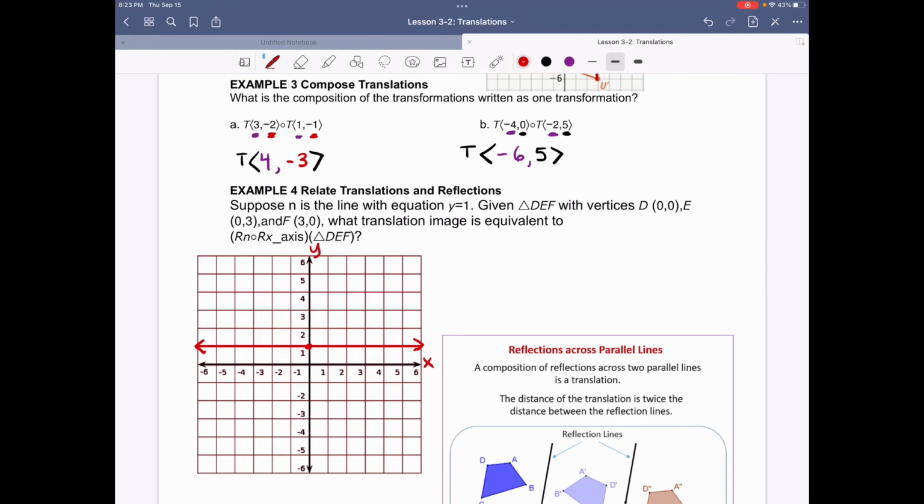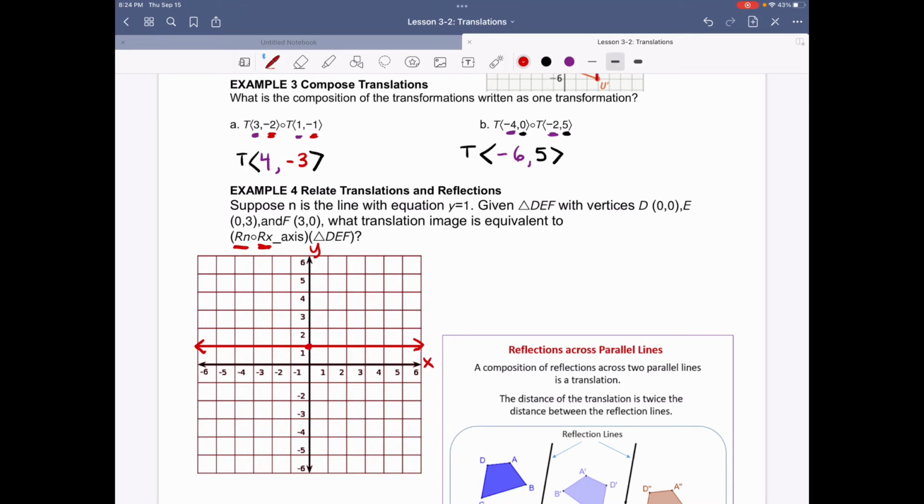Given triangle DEF with vertices D(0, 0), E(0, 3) and F(3, 0), what translation image is equivalent to the reflection over n and the reflection over the x-axis, which means we're going to do 2 reflections. All right, let's plot these points.